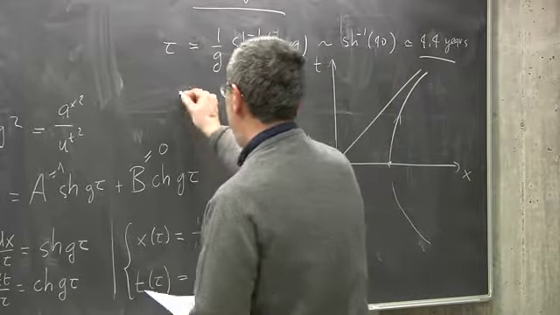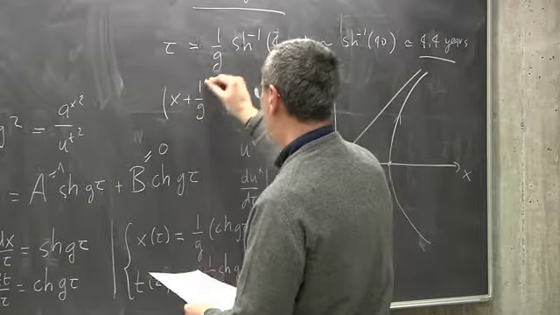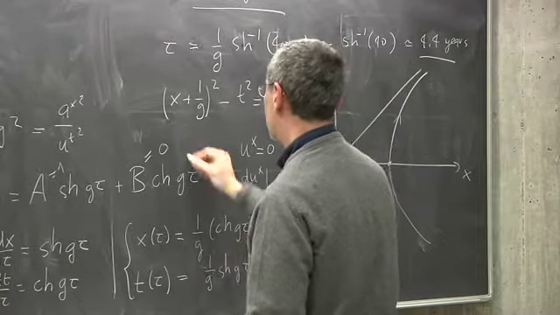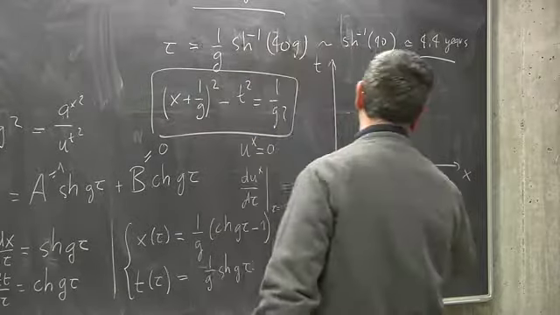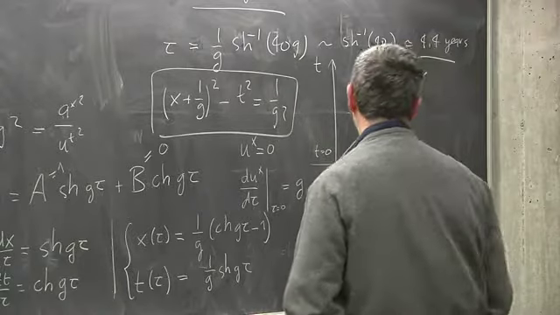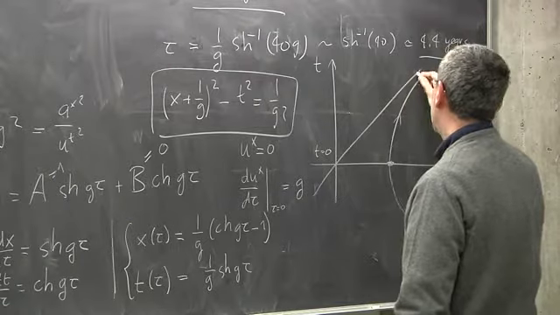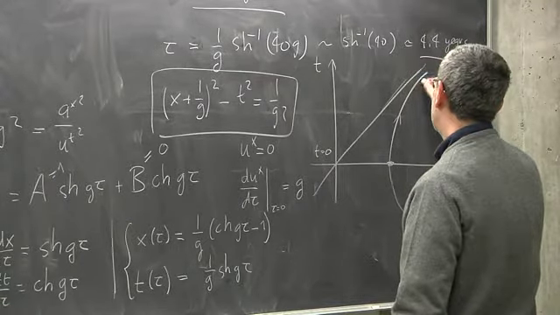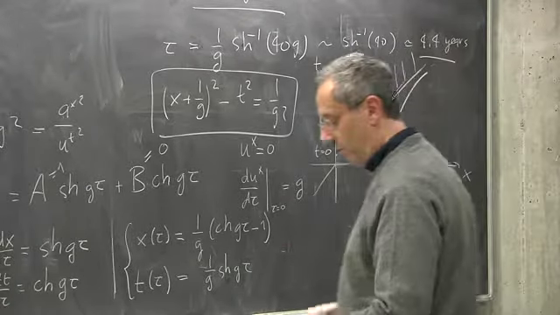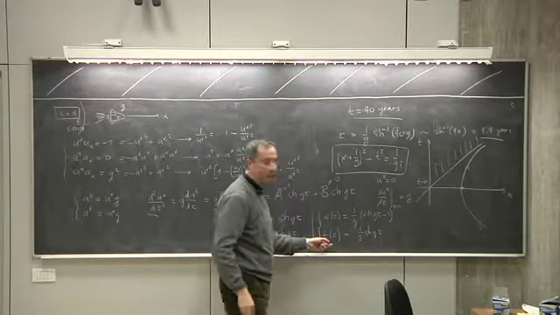Because you see, x plus 1 over g, squared, minus t squared is equal to 1 over g squared, from this equation. So you can draw this curve, and it's this curve here. So you start at t equal to 0, you start from some point, and then you move in this form, and you see you never reach the speed of light. Light is like a horizon. You never penetrate beyond, and that's the way it is. You shouldn't think of time as time.